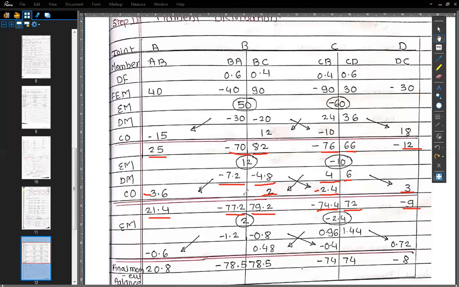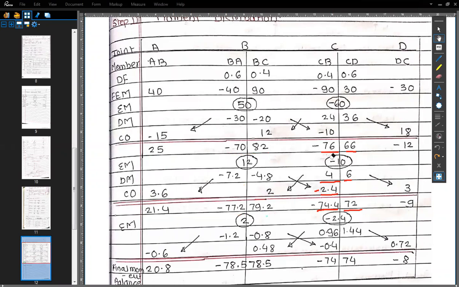So just look at joint B and C. Okay, so there is again some minimum movement which is left unbalanced. So again we'll do the third iteration.